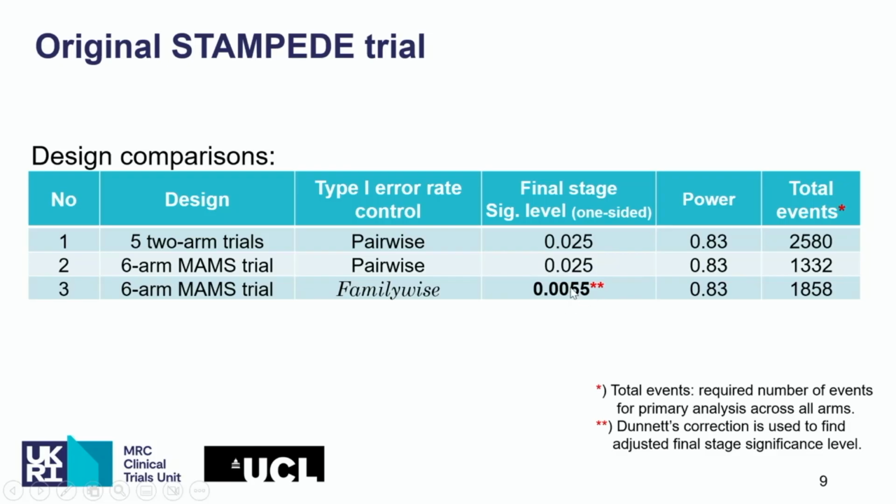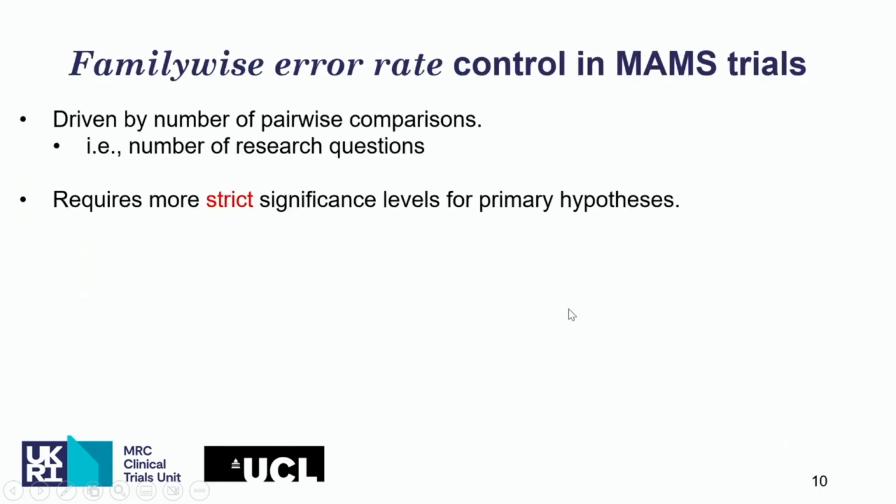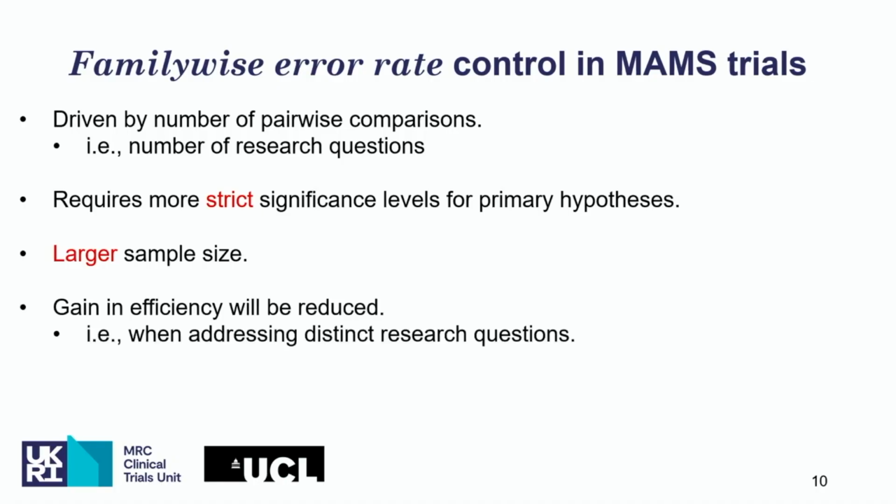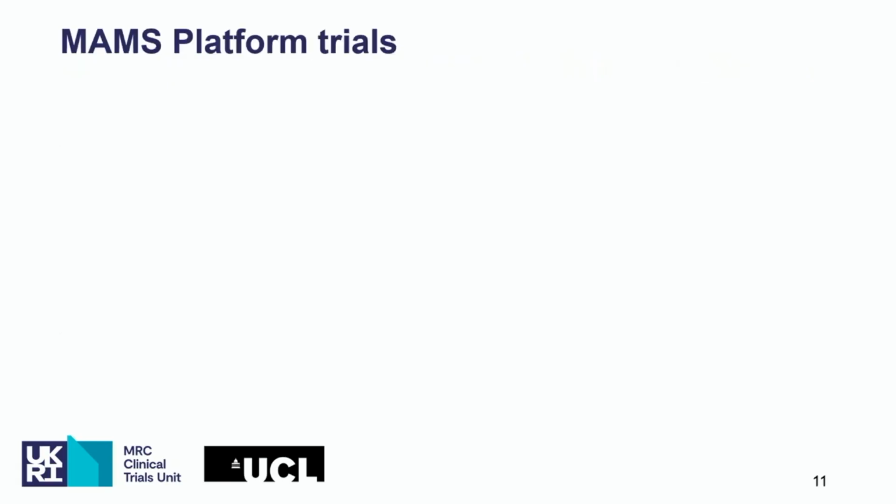You get a bit of efficiency, you relax that, and you end up with 0.0055 because I used the Dunnett test. So it is driven by the number of comparisons and requires a stricter significance level for the primary hypothesis. You need a larger sample size, and the efficiency gain will be reduced if you do this when you don't need to, particularly when you are addressing distinct research questions.